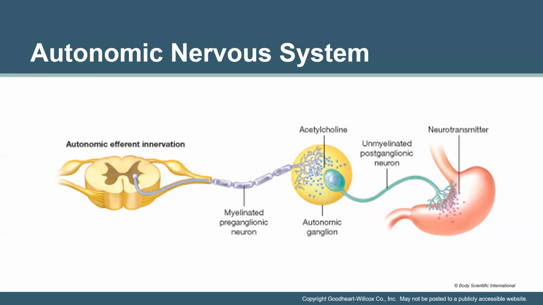The somatic nervous system will send impulses to activate skeletal muscles. The autonomic nervous system is programmed by the CNS to control the heart, smooth muscles, and the glands.